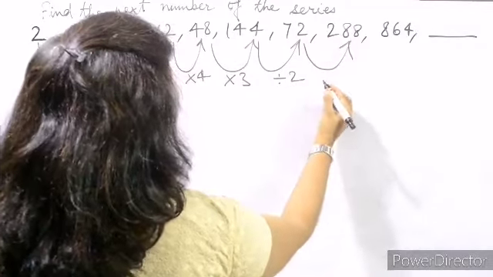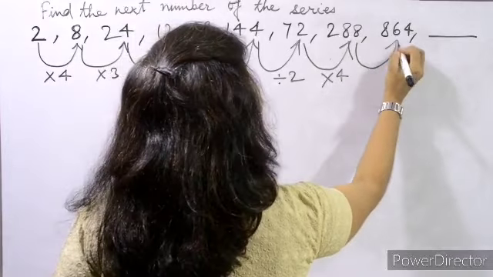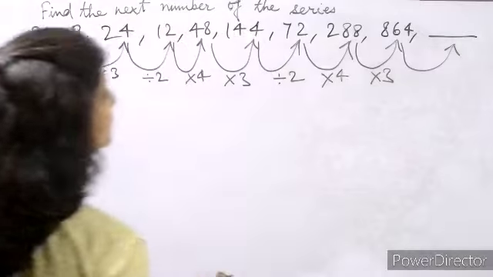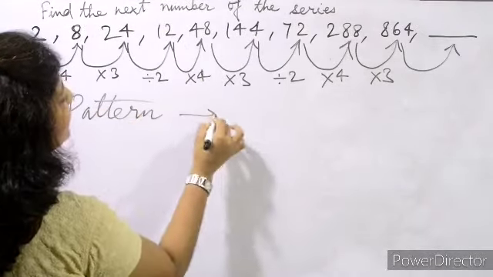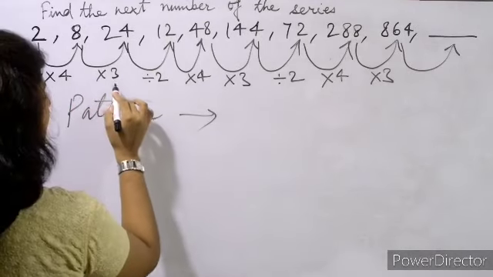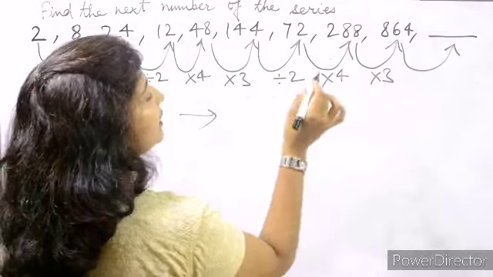Now divide by 2, then we'll get 72. Again after this we have to do 4 times, then multiply by 3, so we can find the pattern. What is the pattern? Multiplied by 4, multiplied by 3, divided by 2. Again multiplied by 4, multiplied by 3, divided by 2.